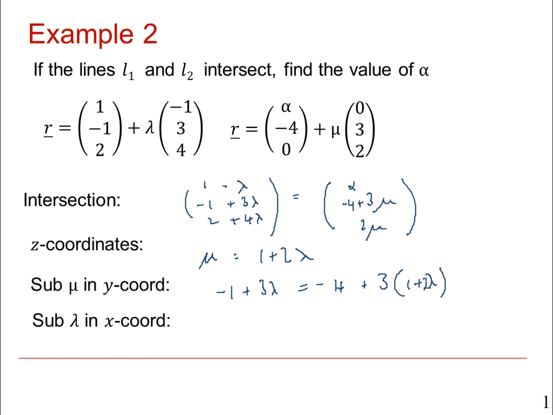If we look at that, lambda must be equal to 0, so that we get negative 1 is equal to negative 4 plus 3. So lambda is equal to 0, and substituting that into the x coordinate, we get that alpha must be equal to 1.